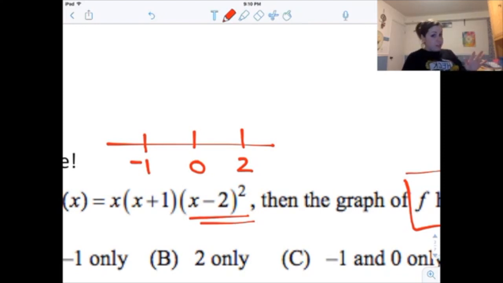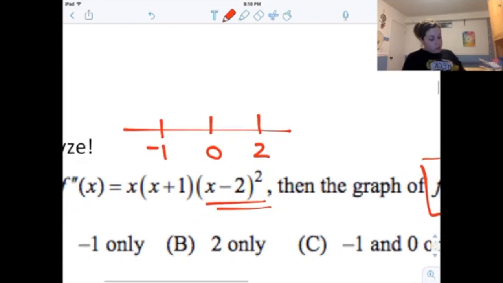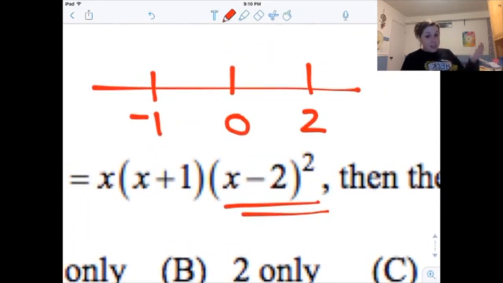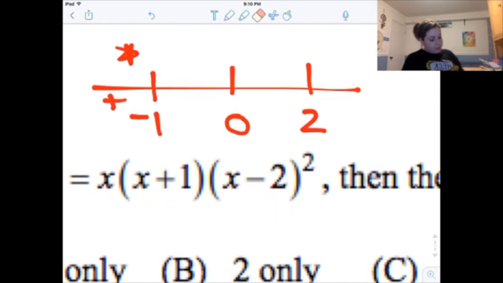Now, if you want to check yourself here, you can. So checking myself here, I could plug in any value less than -1. So let's say I plug in -2 for down here. That would give me a negative, and then a positive. So that would be positive. And then I'd have to plug in a value between -1 and 0. So let's say -0.5. That would give me a negative, a positive, and a positive.